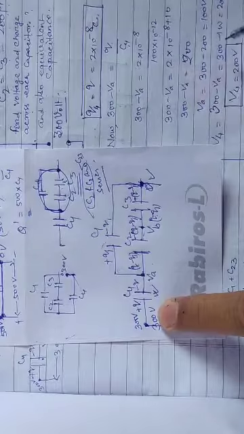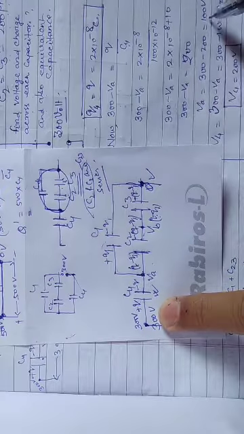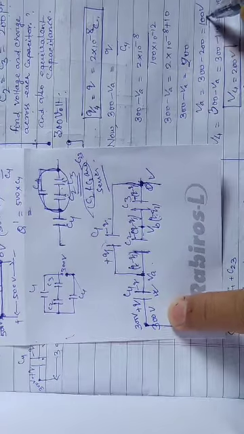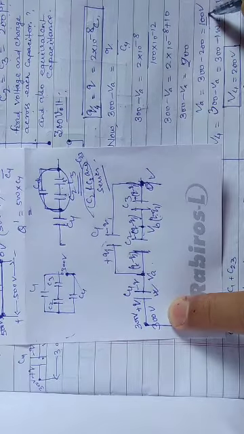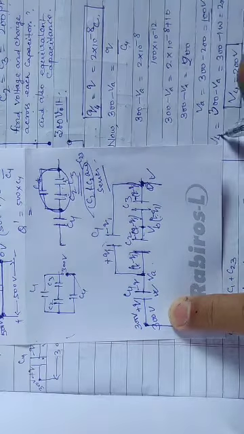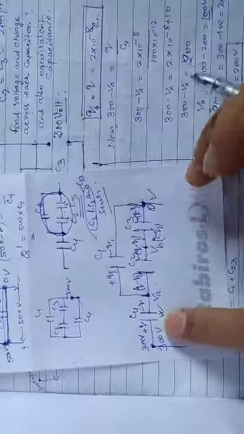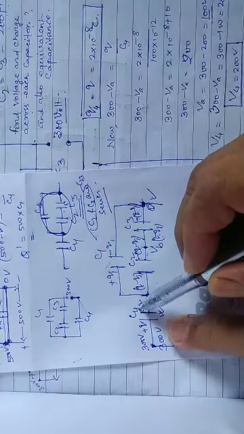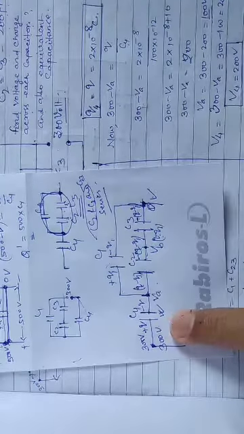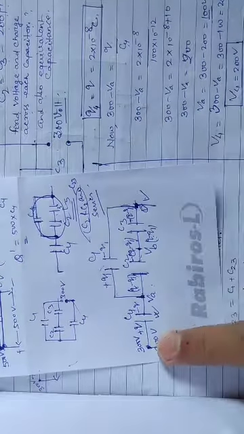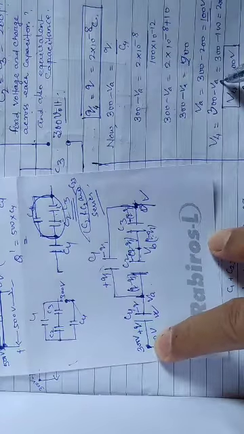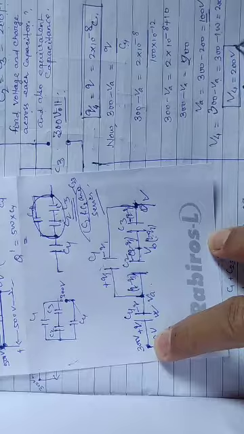Solving this, we will get VA equal to 100 volt. Now V4, the potential difference between the plates of capacitor C4, will be 300 minus VA, which is 300 minus 100, that is 200 volt.